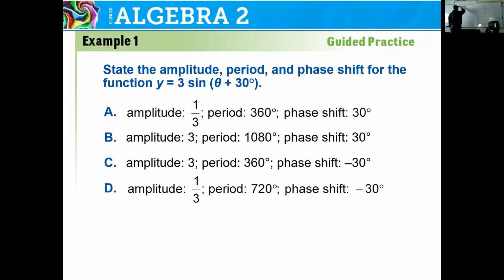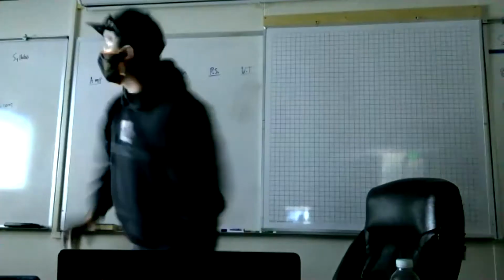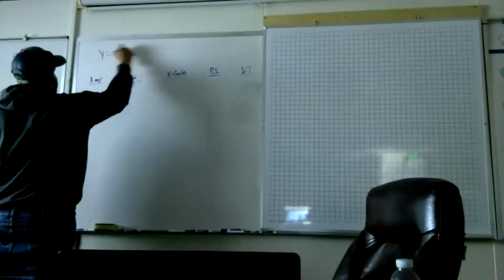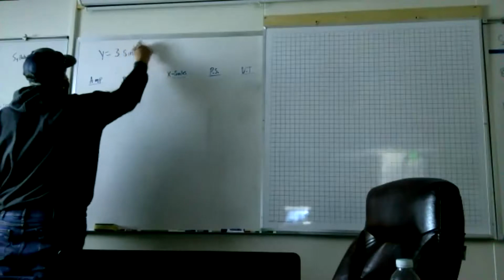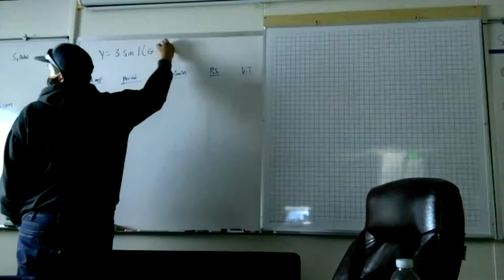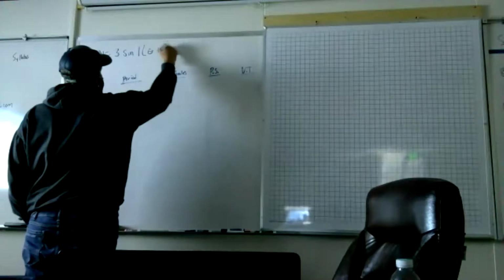So first step is to distribute B into my equation. Okay, so in all reality, this is written as y equals 3 sine of 1 theta plus 30.